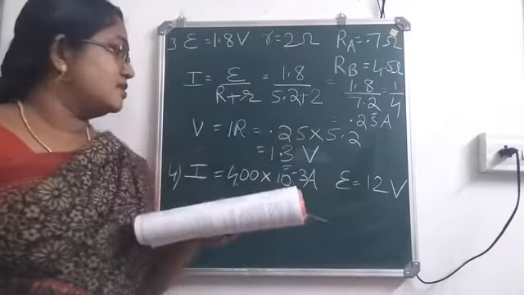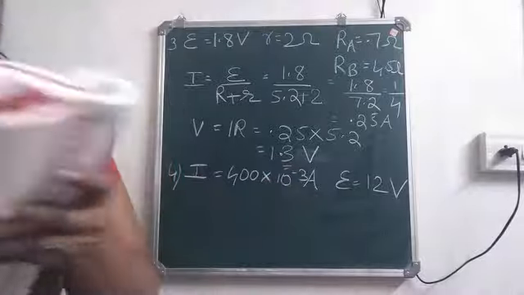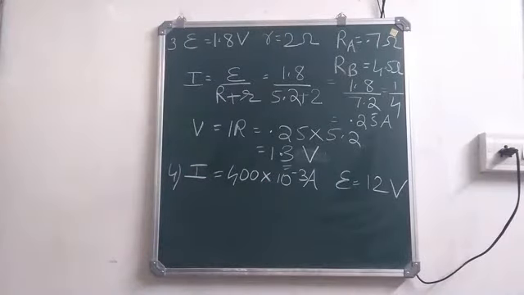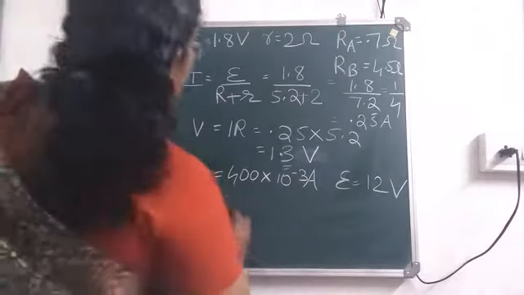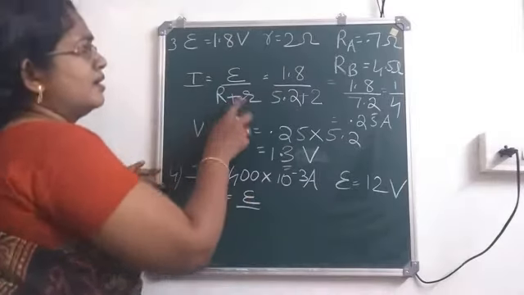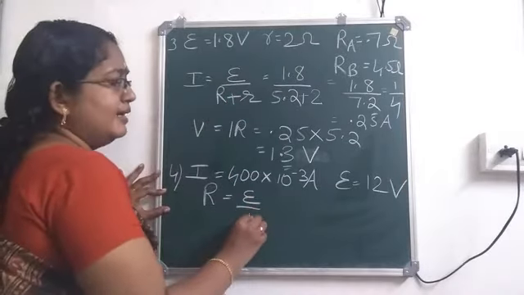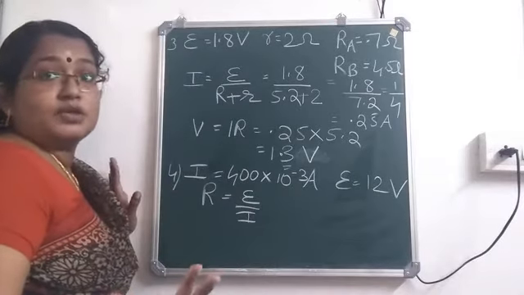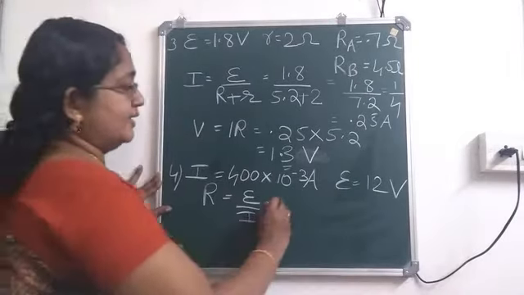What is the resistance of the music system? So we need the resistance offered by the music system. R is equal to epsilon by I, isn't it? Here they didn't mention anything about the internal resistance, so directly you can do it.